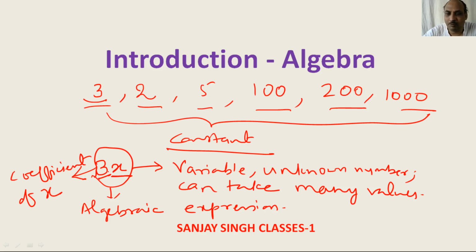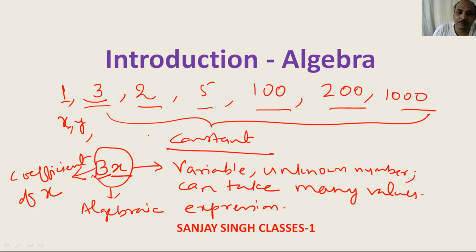Okay, so the moment these variables are getting combined with a constant, it may be 1 also. The constant may be 1 also, simply x, simply y. So it's not necessary that we always use x, y, z. Okay, any variable, any alphabet we can use, a, b, c, d, anything we can use, right?